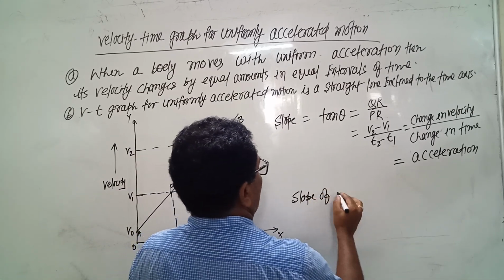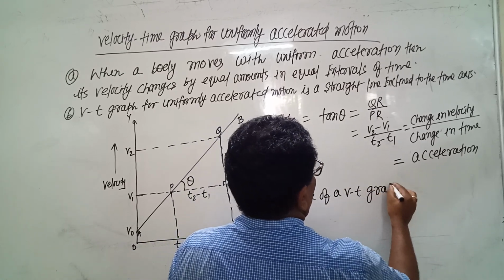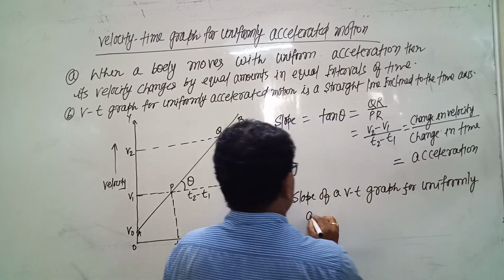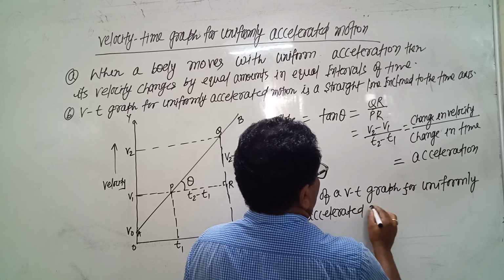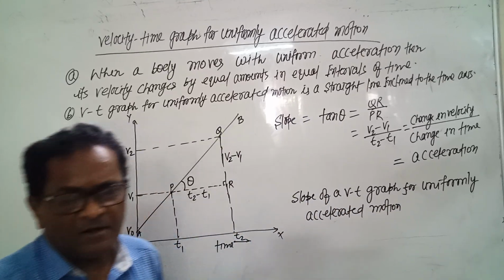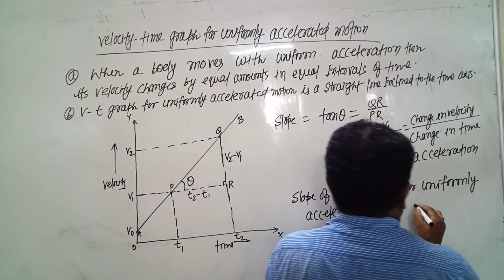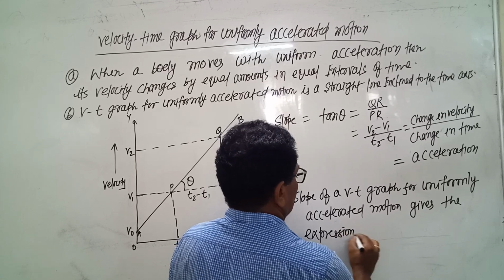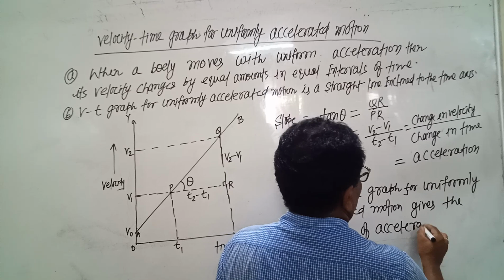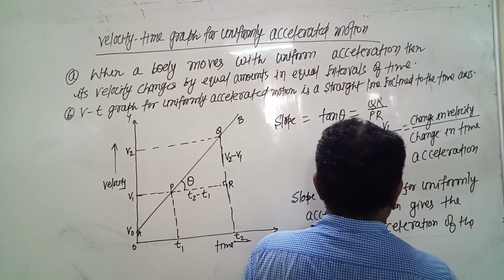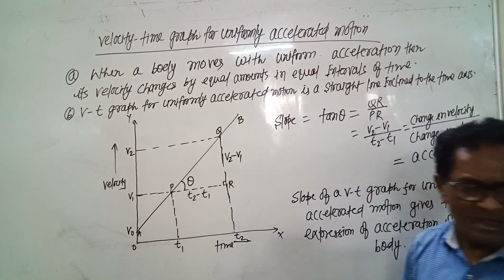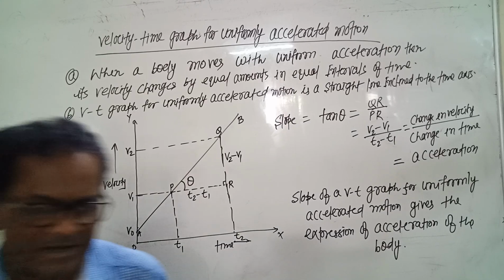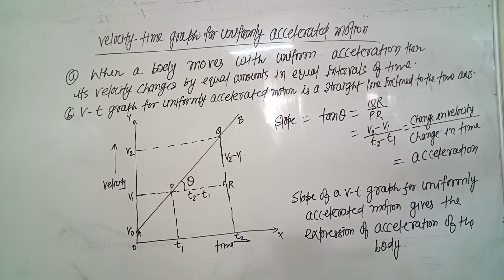The slope of a VT graph for uniformly accelerated motion gives the expression for acceleration of the body.